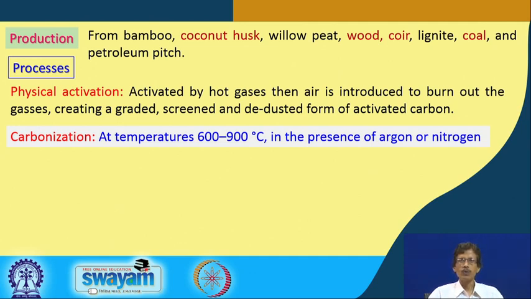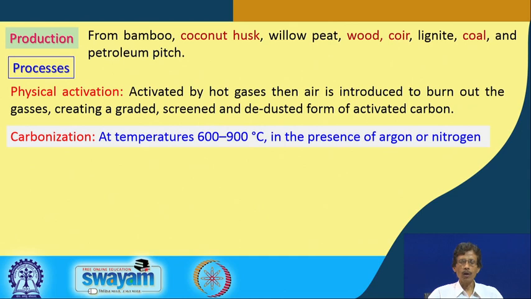That charring is a simple example of carbonization. Depending upon the different materials you are handling for this carbonization process, your temperature can be different. A temperature of 600 to 900 degrees centigrade is required for carbonization of all these different varieties of material, in the presence of an inert atmosphere using dinitrogen, that means nitrogen gas, or argon.